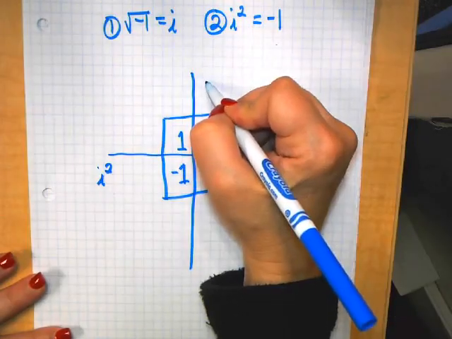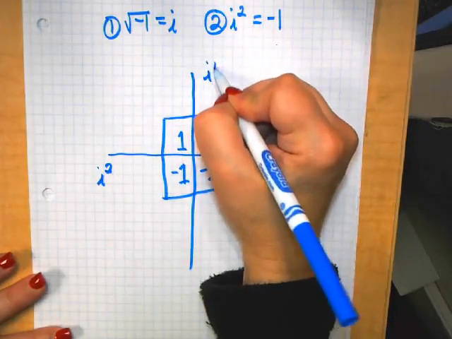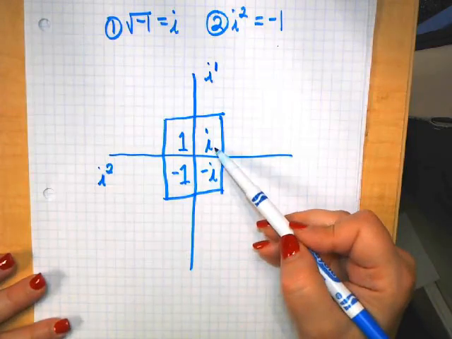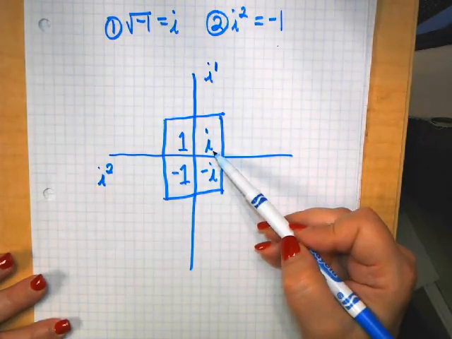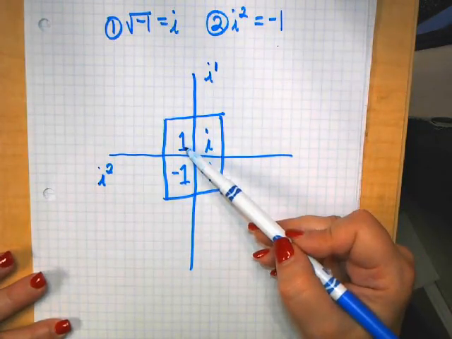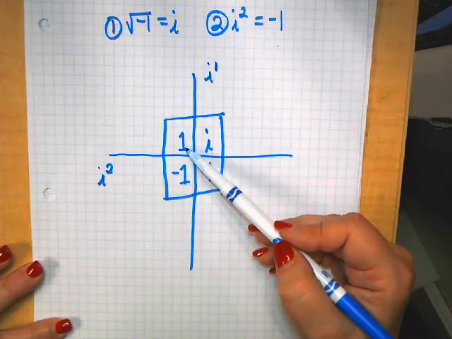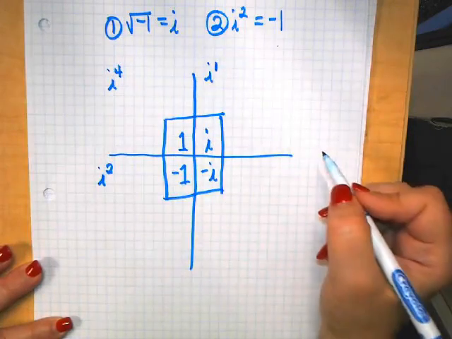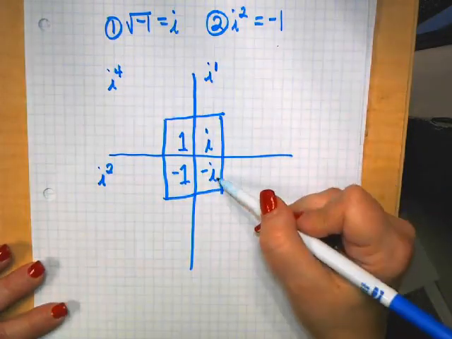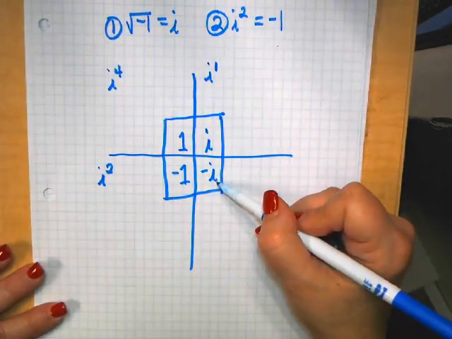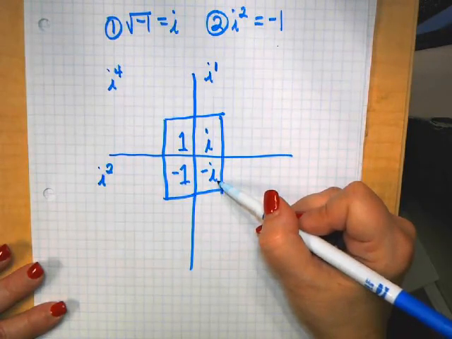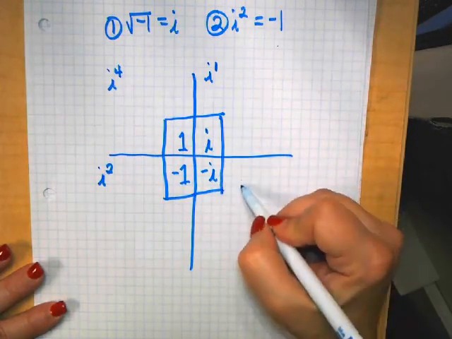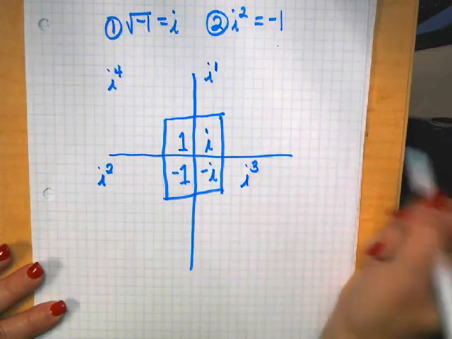So we will write that down here. i to the first power gives us i. The first time we get a result of +1 is when i is raised to the power of 4. And the first time we get -i as our result is when we have i to the power of 3.